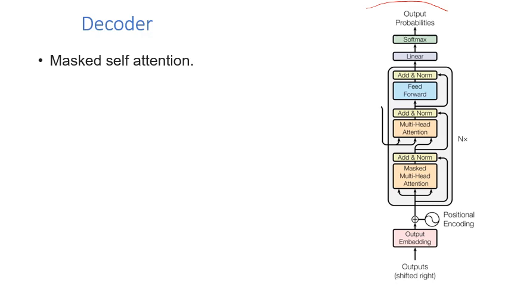The decoder of the transformer is similar to the encoder with some differences. Remember that in the encoder we had two main layers. One of them was self-attention, the other one was the feed-forward neural network. Now we have three. The first one, which in the encoder was self-attention, is now masked self-attention.